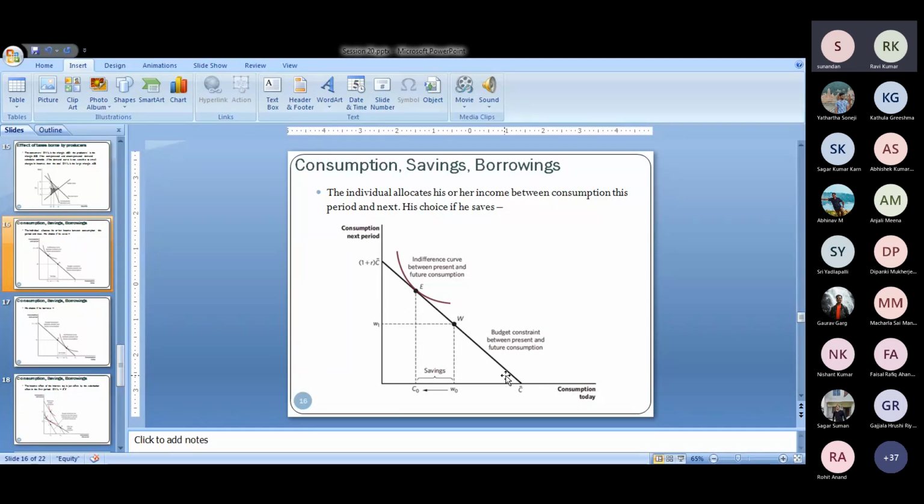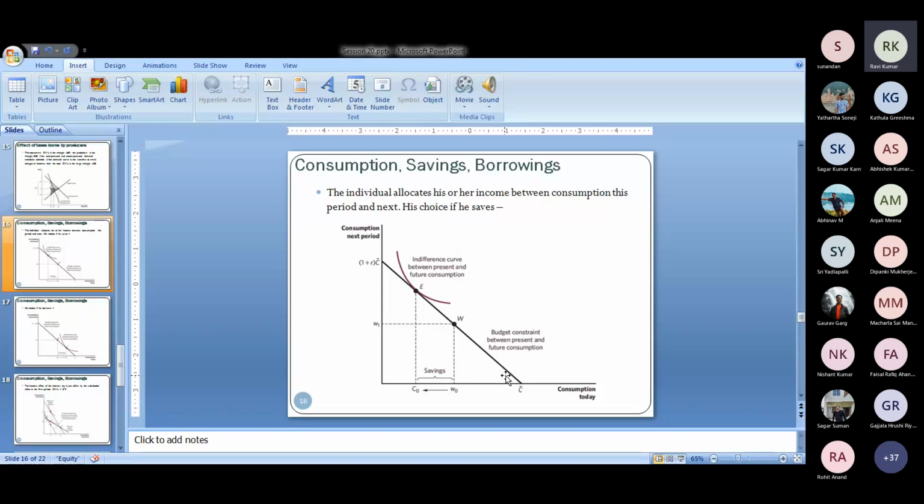For that, we revert back to that overlapping generations model that we have been considering for the last 2-3 lectures continuously. So the space in front of you is no more consumption of beer and soda, but consumption today and consumption tomorrow. And as we know, suppose today my wage is W naught.